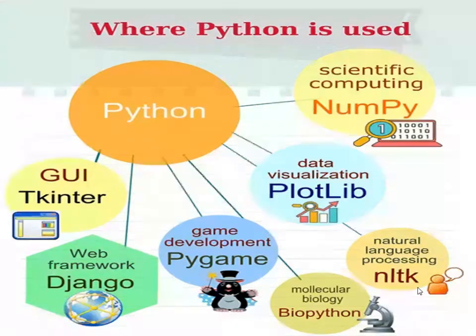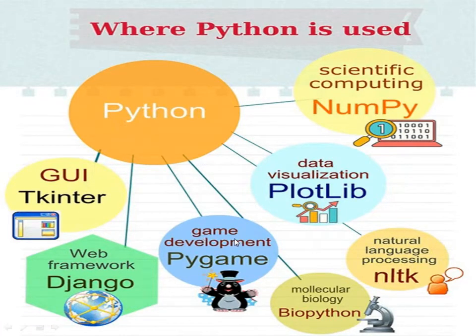Next is where Python is used. Here come the modules of Python that are used in various applications. See the first one, GUI. In GUI making we use the Tkinter module. In web frameworks we use Django.